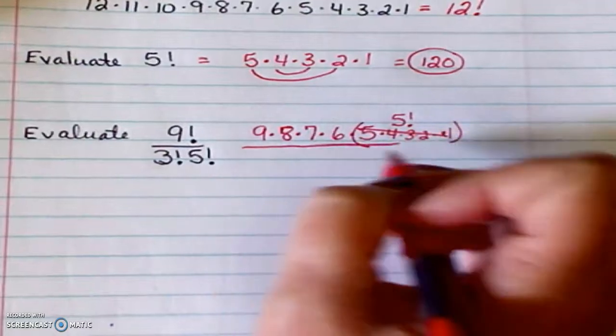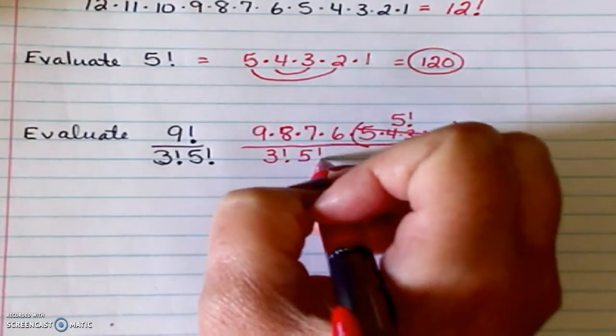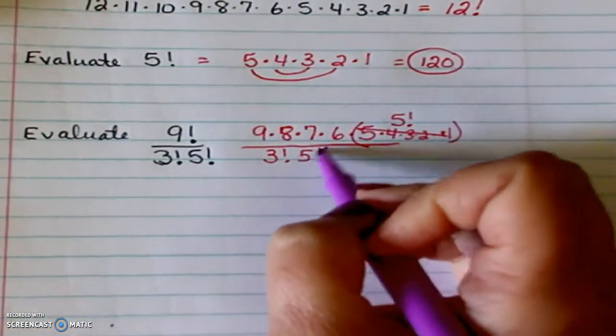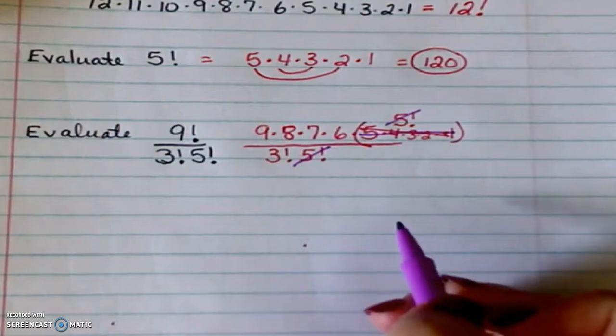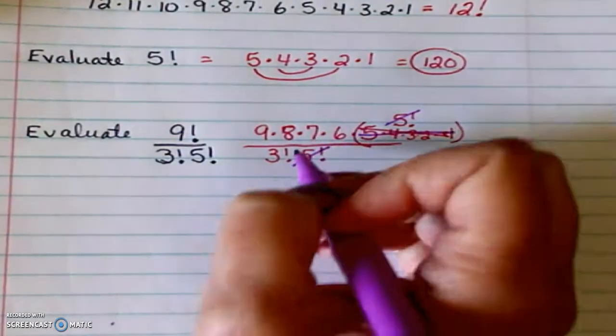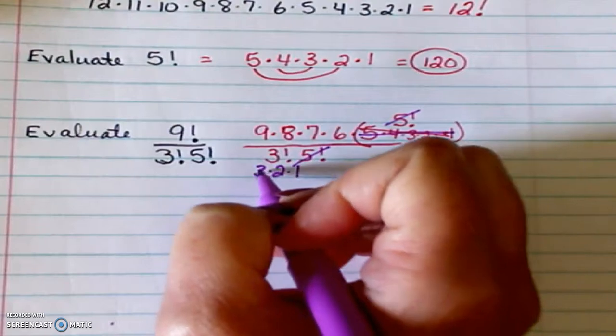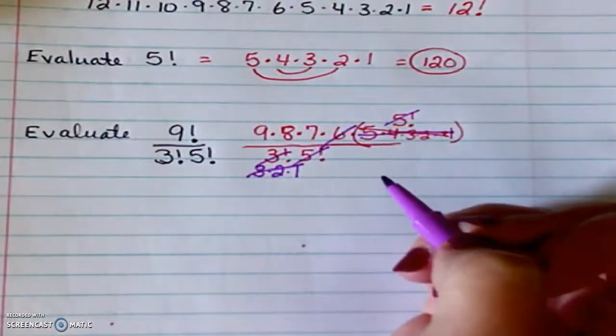So when I look at the denominator, which is 3 factorial times 5 factorial, the 5 factorials cancel, and I do not need to write out 5 times 4 times 3 times 2 times 1. If I think about 3 factorial, that's 3 times 2 times 1. Well, 3 times 2 is 6, so 3 factorial cancels with 6.